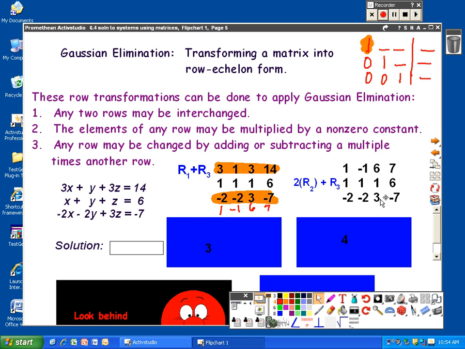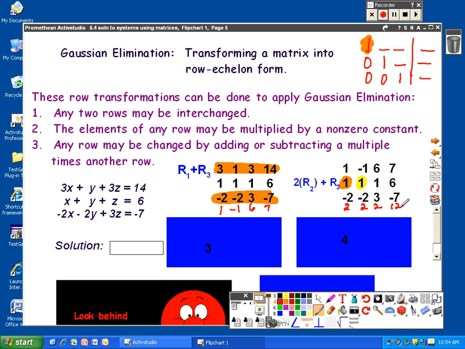I also noticed then I want this to be a 0. And I want this to be a 1. I have a 1 there, but I need this to be a 0. So I noticed if I double row 2 and add it to row 3, I will have a 0 here because 2 plus negative 2 will be 0. So I'm just going to do that underneath. Double all these. 2, 2, 2, 12.